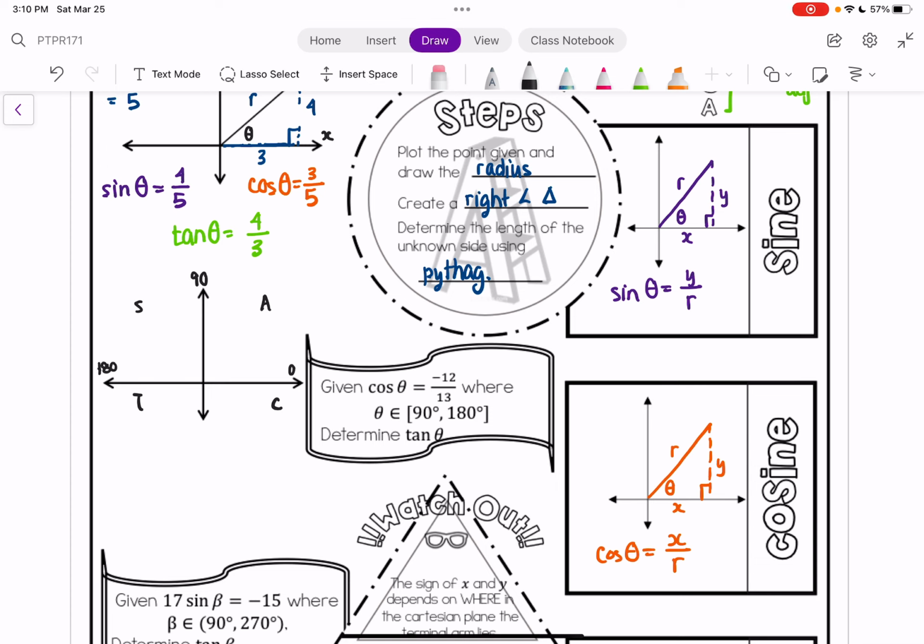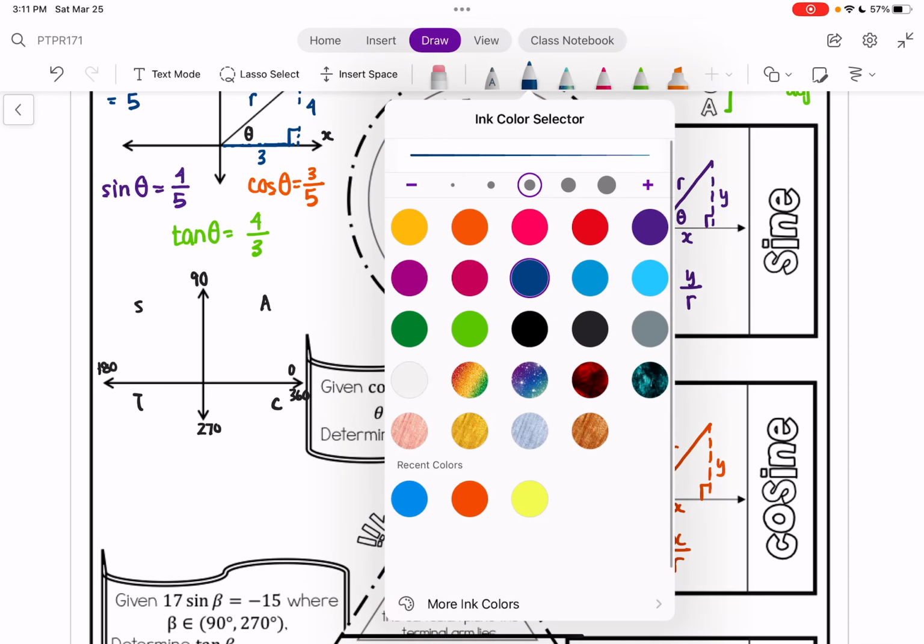Down here, 270. And then if we come all the way back up, we're full circle. So we are 360. Okay, so that's going to help us because we will be given a range sometimes of where our angle lies. So here they've said we are between 90 and 180. That means I can't be down here because this is past 180. So I have to be up here.